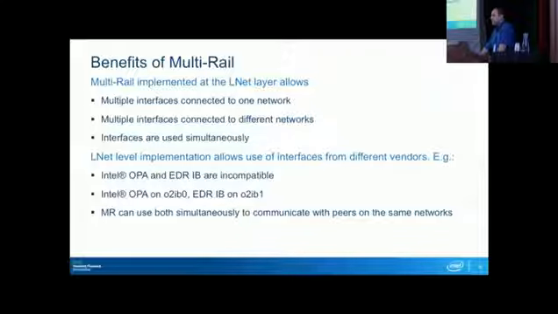You can have OmniPath hardware, you can have IB, EDR, or whatever. You just have to configure the OmniPath and the EDR on different networks like O2IB0 and O2IB1, and then the MR code is able to select the interface. So if you have two peers, both on the two different networks, those two interfaces can be used simultaneously.